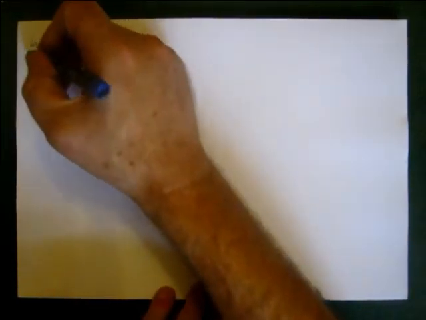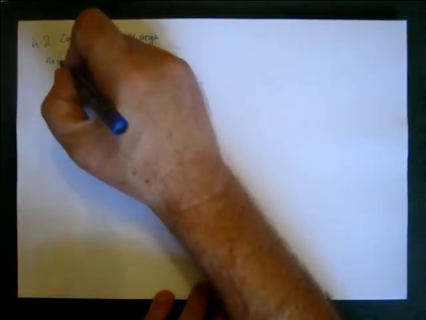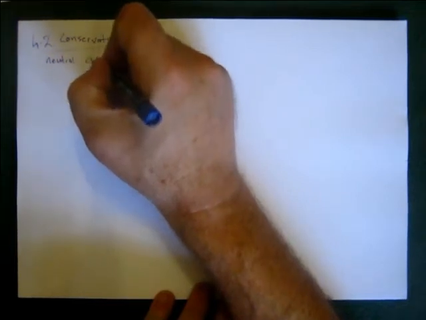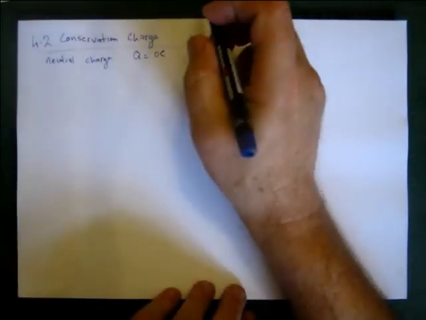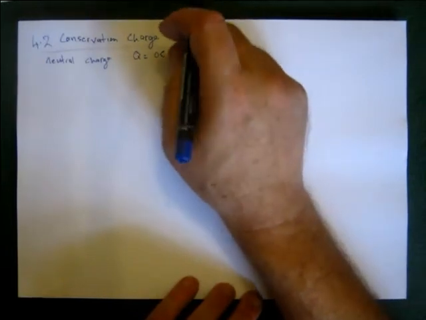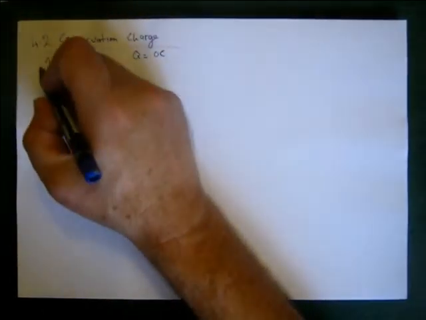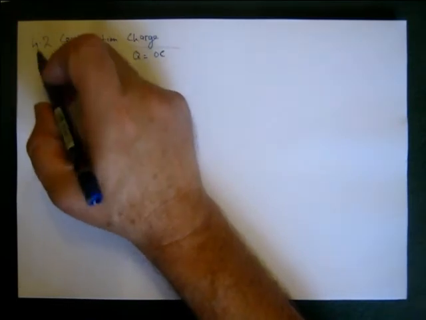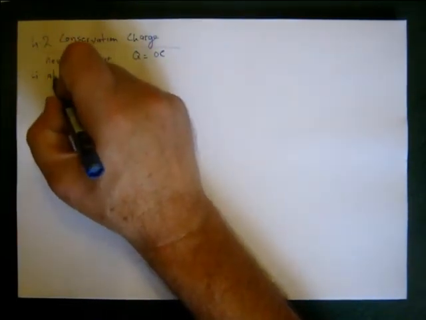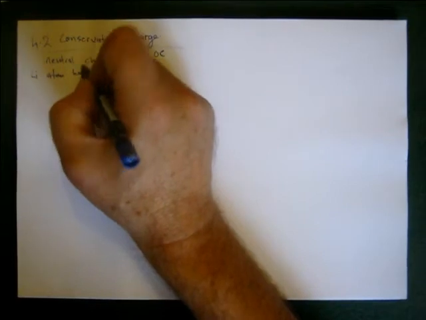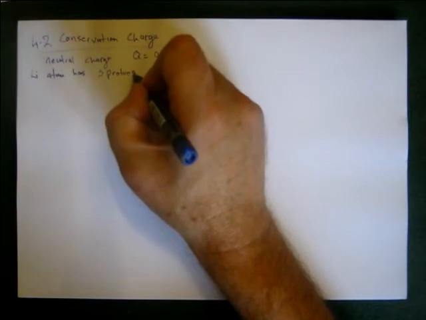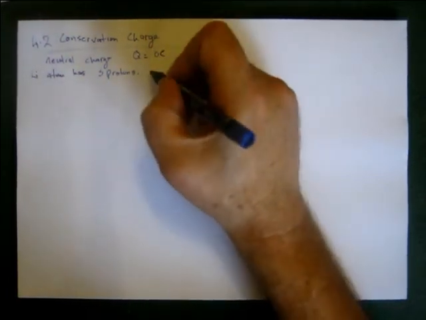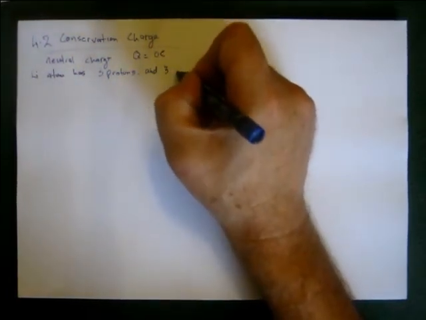But let's take an example. If we have a neutral charge, Q equals 0. Isn't that cool? 0 coulombs. Now, what happens if I have, I don't know, let's take a lithium atom. A lithium atom has 3 protons. And what happens if I have 3 electrons?